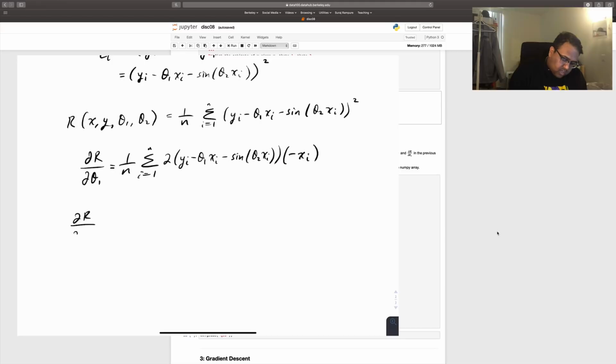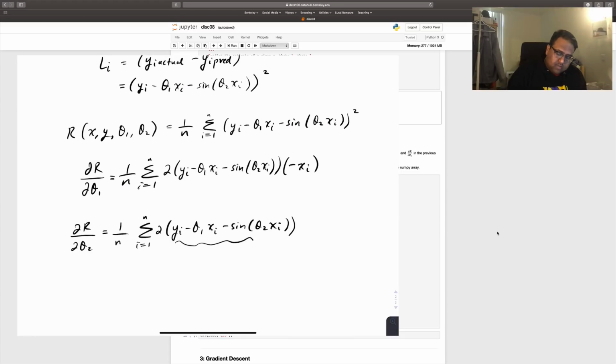For theta 2, we'll follow a similar procedure. Again, it will be the sum over n points, 2 times the same thing, but now we multiply by the partial derivative of this thing with respect to theta 2, and now the first 2 terms are independent of theta 2, so they drop out, and we're left with the derivative of this thing with respect to theta 2.